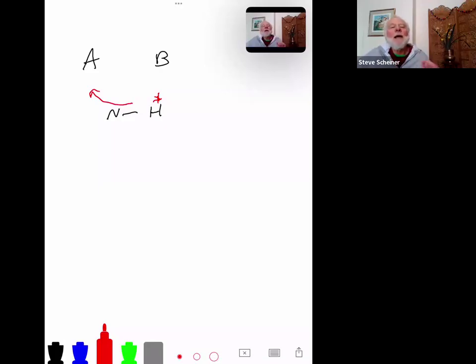Things that suck it away are called electron withdrawing groups, EWG in chemistry. Electron withdrawing groups are things that are electronegative, like chlorine. You can also put groups, not just atoms. So any electron withdrawing group bonded to the actual proton donating atom will strengthen it.